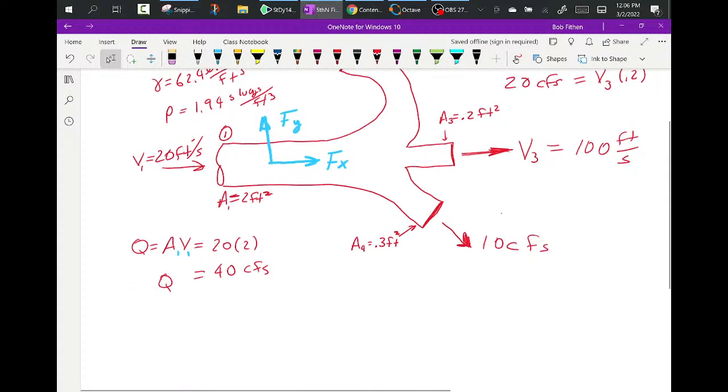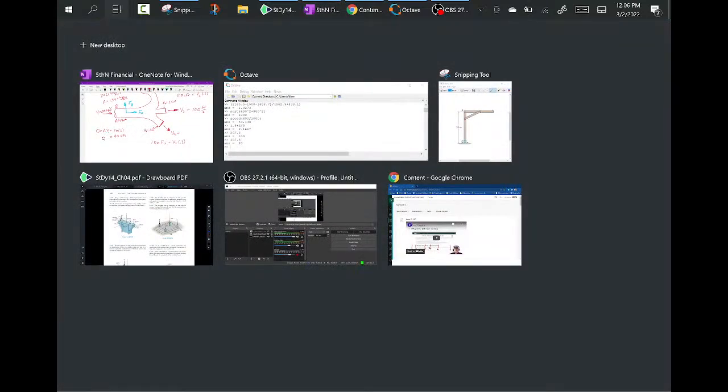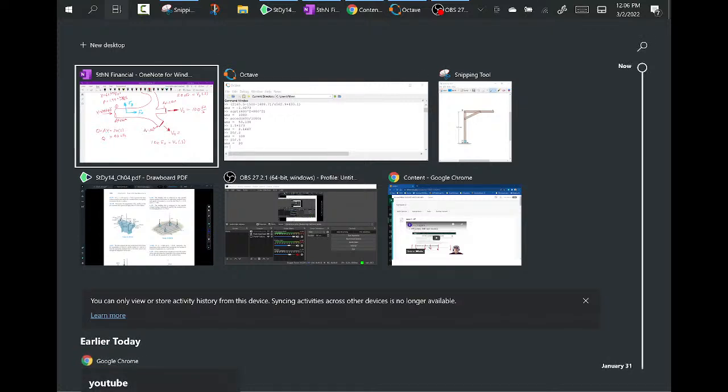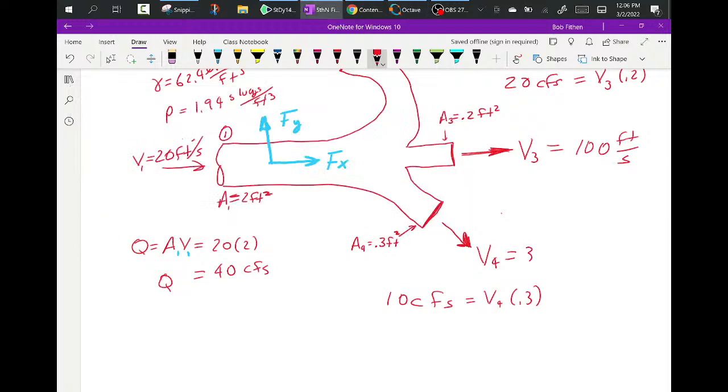And let's go in here and figure this one out. Okay. So what I have here is V4 is equal to, 33 and a third feet per second.